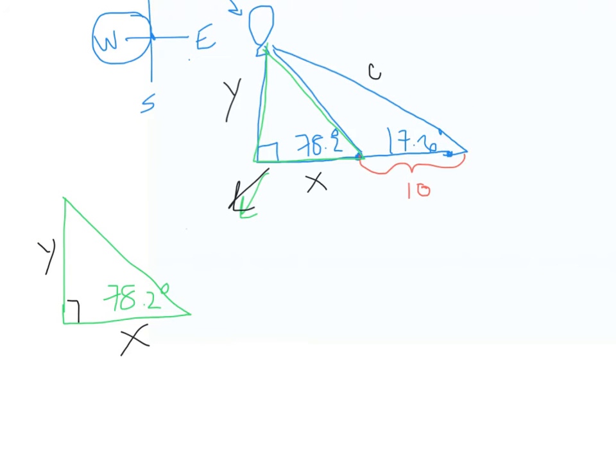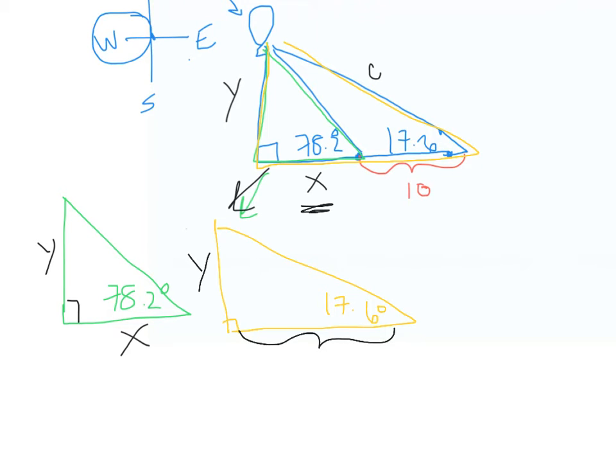So if you look at this picture, and we look at the big yellow triangle, this angle over here is 17.6 degrees. We'll still call this y, the height of the balloon. Now be careful with this bottom segment. This bottom segment is x, and it's 10, so we have to write x plus 10. It's an expression, so I'm going to throw it in parentheses.